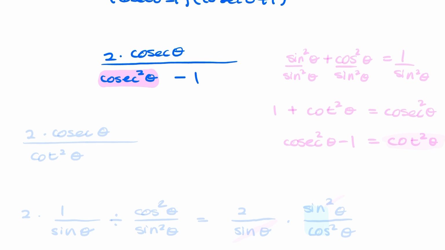Remember, sine squared theta plus cosine squared theta gives you 1.